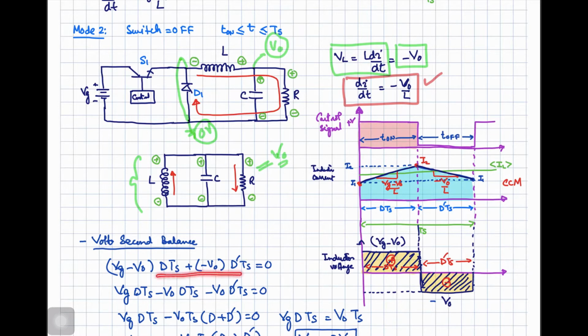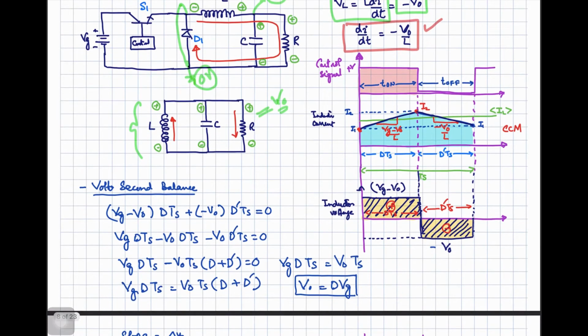So we have this equation. Now rearranging this and using d prime equal to 1 minus d, that is the off duty cycle, where d is the on duty cycle, you can write down this expression, and you know that d plus d prime should be equal to 1, because your total switching cycle duty cycle is 100 percent.